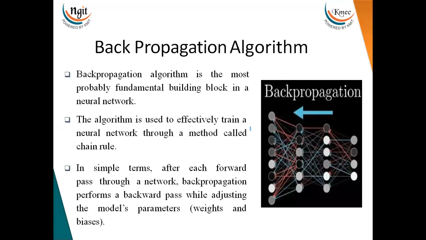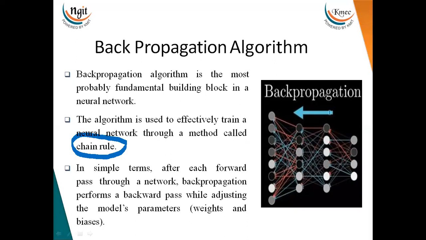The backpropagation algorithm is a fundamental building block of a neural network, which is mainly used to improve the accuracy of your neural network. When accuracy is improved, only then can you come to a conclusion that your neural network is properly trained. And it is based on a rule called the chain rule. This chain rule is possible because of the connectivity of your neurons.